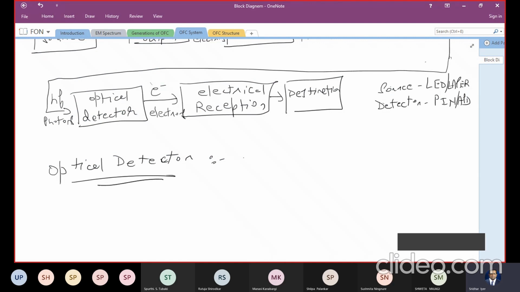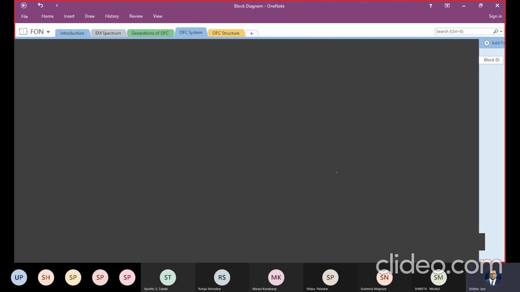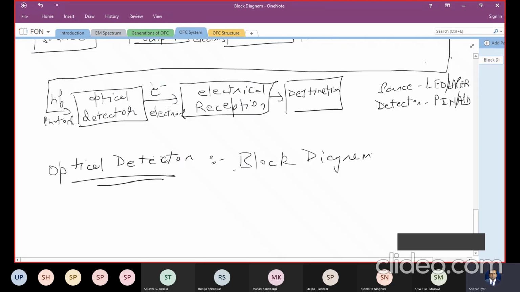I've already explained to you what are the advantages and disadvantages of the optical fiber communication. After doing this block diagram for optical detector, we'll move on to the structure of an optical fiber, followed by the mathematical part, which will start with Snell's law and then deriving different kinds of other parameters for the optical fiber.